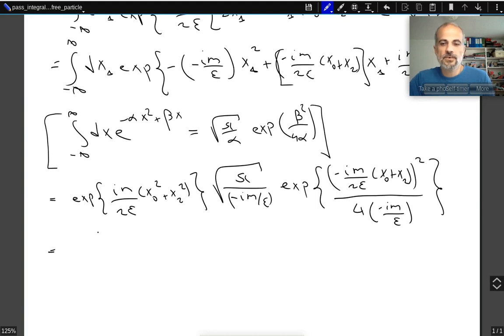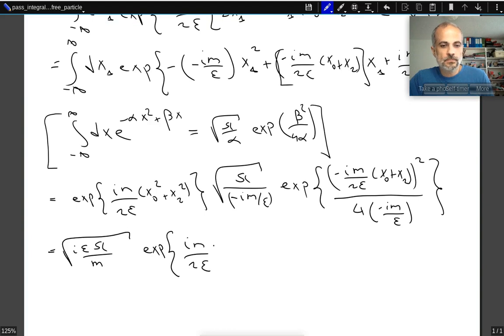Now let's try to simplify this a bit. Under the square root we have i epsilon pi over m. Then we have two exponents, i m over 2 epsilon, x0 squared plus x2 squared. Then here there is the minus i squared, that is minus 1. Minus 1 divided by minus i is just i. There, m squared divided by m gives me m divided by, well, this is 2.